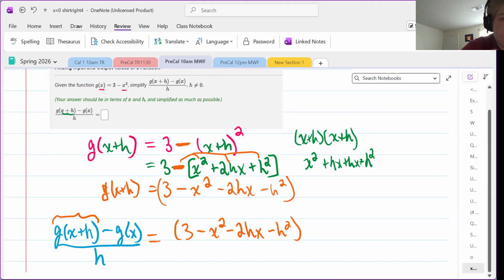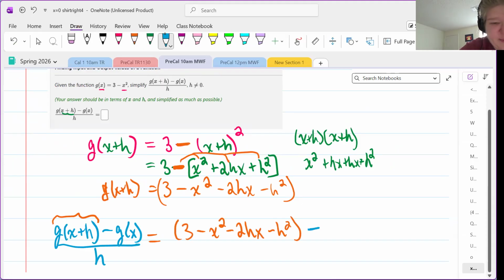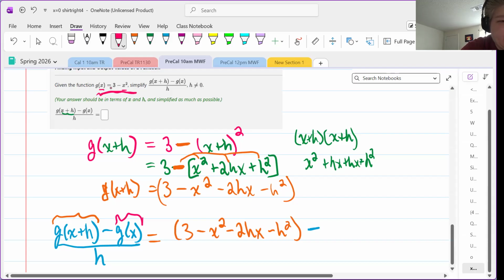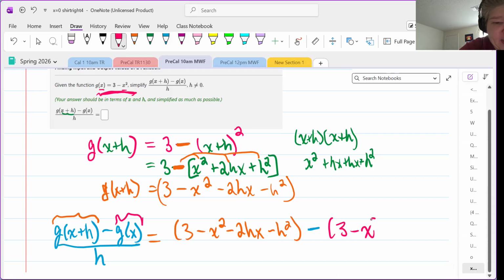Then my formula has a minus. And now I'm going to put g of x in. I have g of x up here. That is 3 minus x squared. I made another substitution, so I am using another set of parentheses. And then the formula had that whole result divided by h.